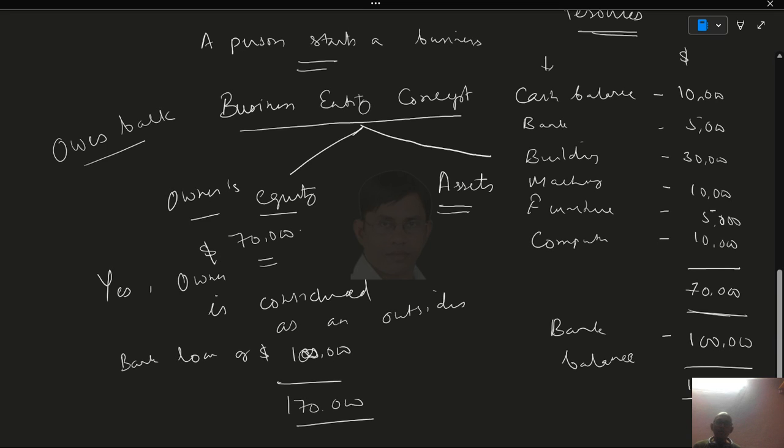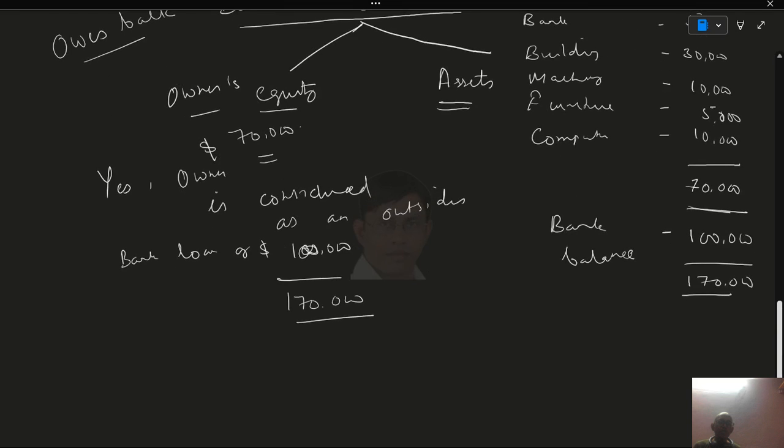So it means owner's equity plus capital plus liabilities is equal to assets. Okay. Owner's equity plus liabilities is equal to assets.